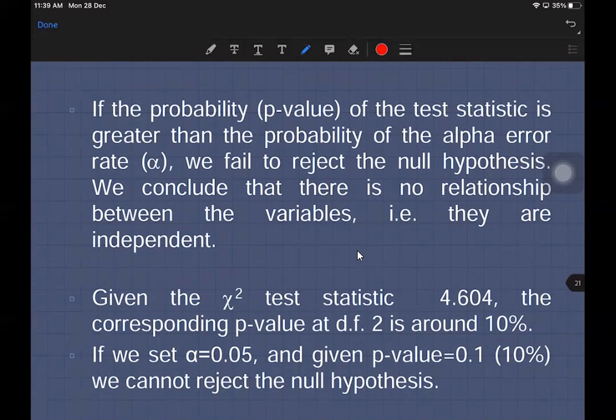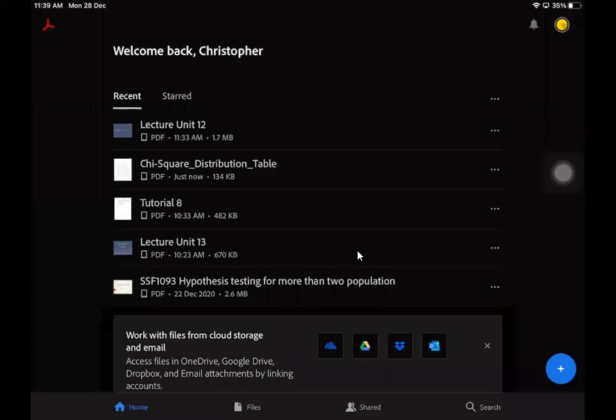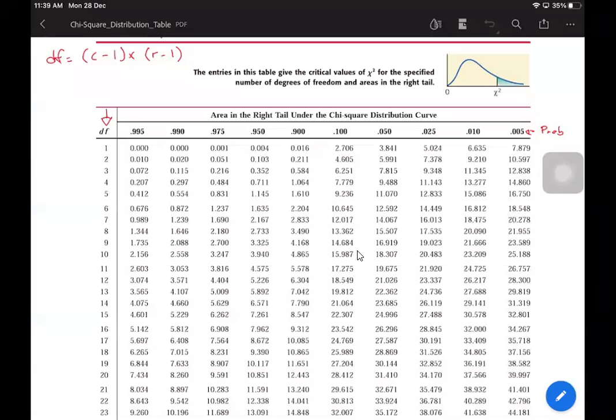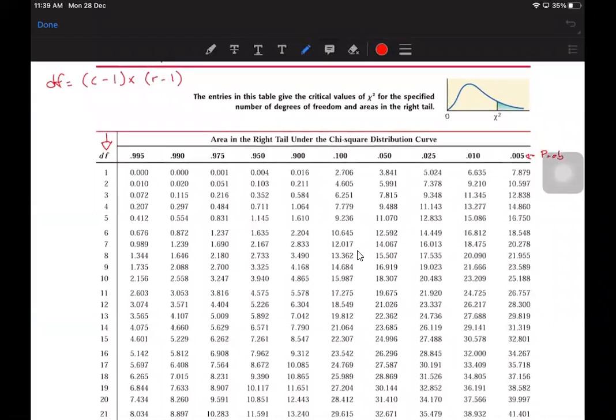So, given the chi-square test statistic 4.604, the corresponding p-value at the given degrees of freedom is about 10%. Okay, 10% here means 4.604 with degrees of freedom 2. 4.604 is somewhere here, which is very close to 0.1.